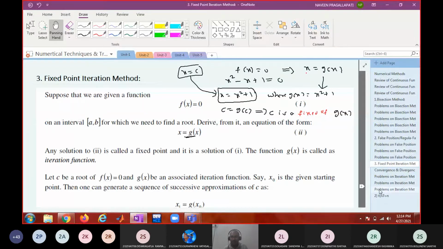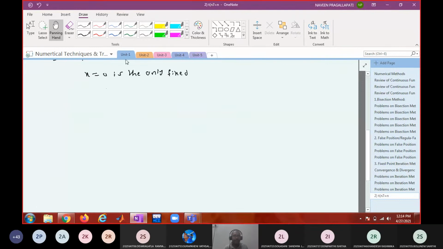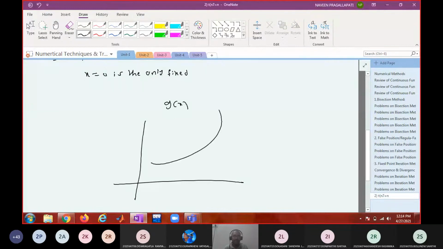So if you want to find out the fixed point of a function, draw the graph of this function and draw the line y equal to x. This is y equal to g of x.